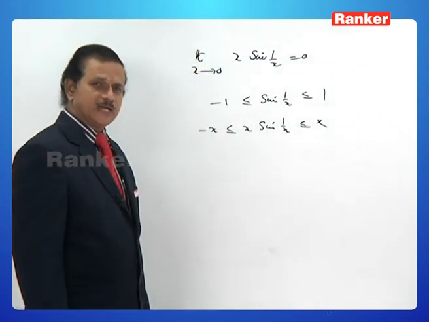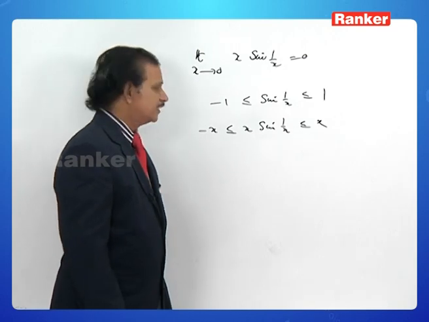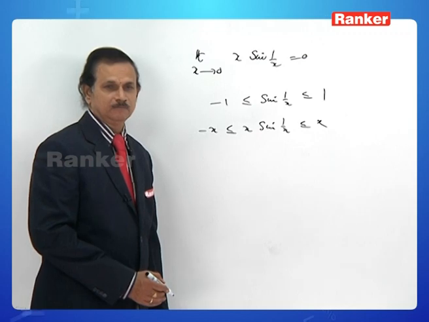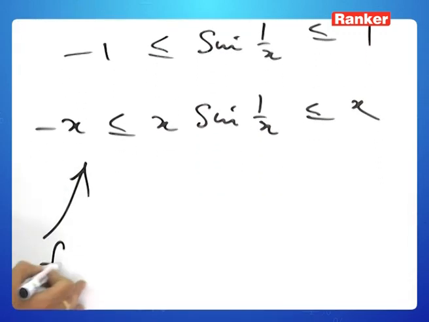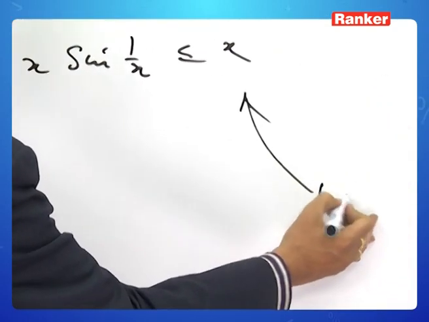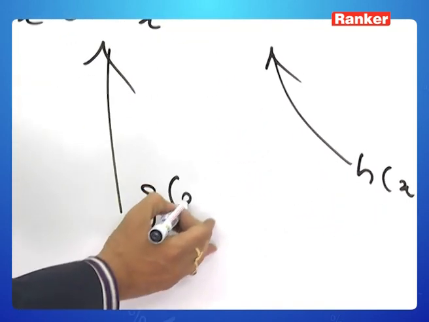Even if x is less than 0, then minus x greater than or equal to x sine 1 by x greater than or equal to x. No problem. Let me name this f of x, this h of x, and this g of x.